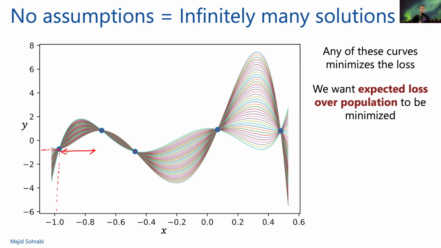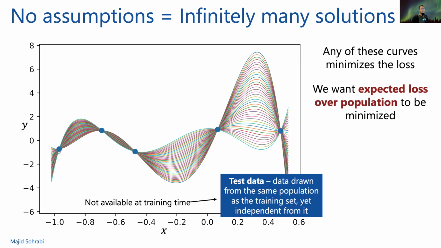So basically, my concern is not just minimizing loss on these particular data points, but rather minimizing the expected loss over the population at hand. This can be achieved with another data set, which we call test data, which is drawn the same way as the train set from the population, but independent from it.